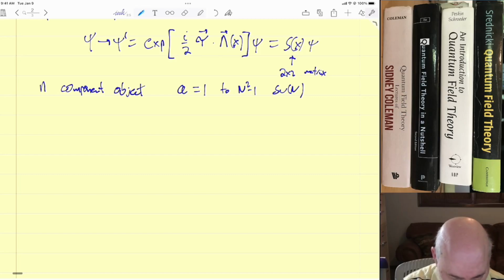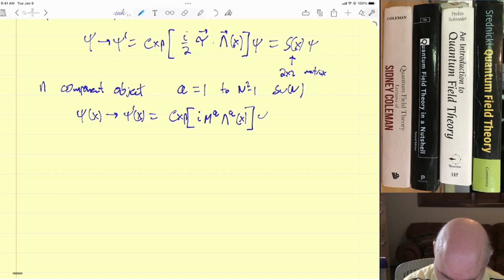And we have things like psi(x) goes to psi prime(x) is equal to exp. And now we're going to write just in general i M^A. These are the generators of the group Lie algebra. Lambda^A is the parameters which depend upon x, which is the space-time index. And we're going to always call this S(x) psi(x). And in this case, this would be an n times n matrix.